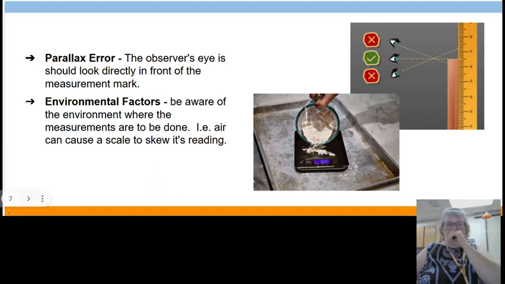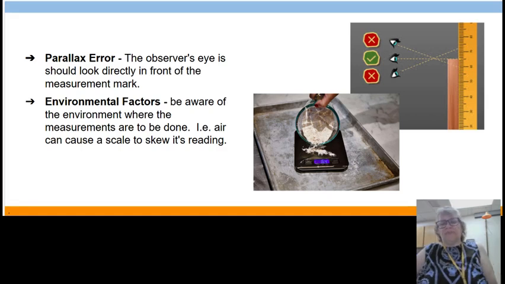And then there are environmental factors. Be aware of the environment where the measurements are to be done. For example, if you're using a gram scale, air can cause the scale to skew its readings. It can either blow it up, which would make the reading come out smaller, or it can push it down, which would make the reading heavier.